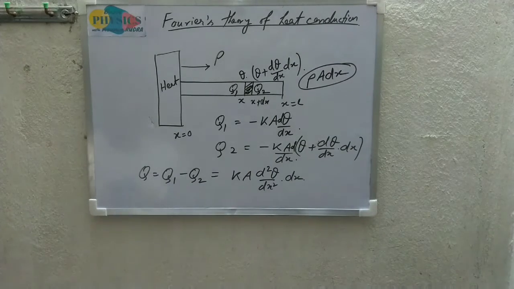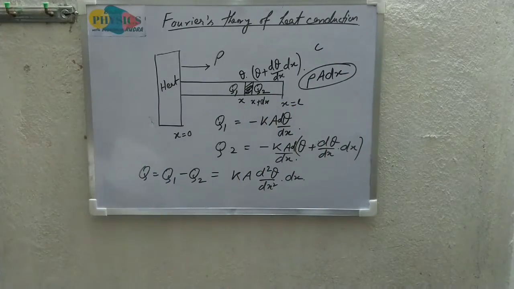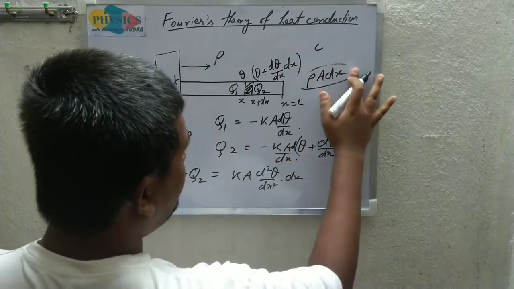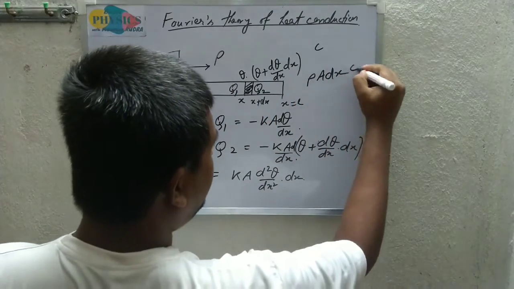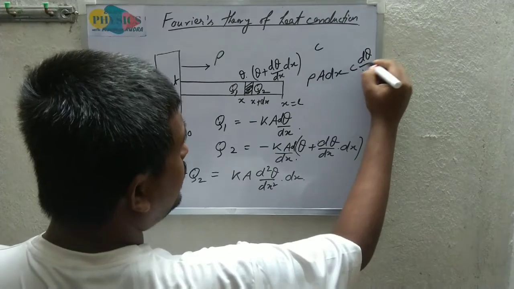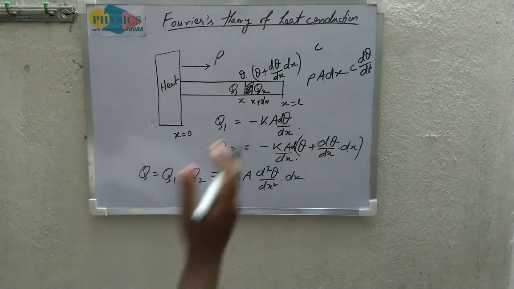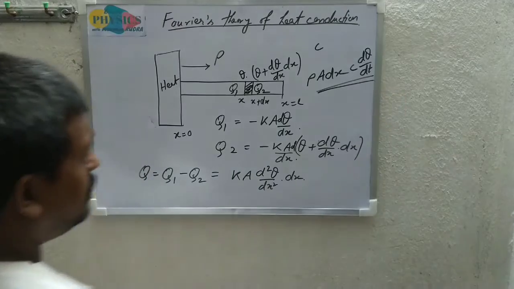And if we consider that C is the specific heat of this material, then mass into specific heat C into d theta by dt will be the amount of heat used in raising the temperature of this part section.